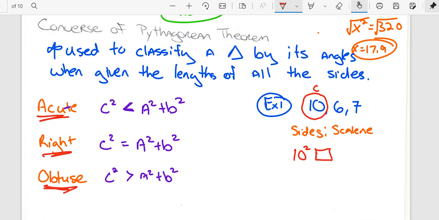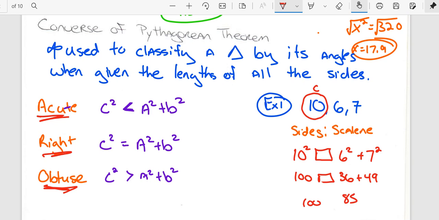And I'm comparing that to my 6 squared and my 7 squared. Again, the order of the a and the b squared is irrelevant. The only thing that's important is c. Which one is c? So we end up with 100 when we square this. 6 squared is 36. 7 squared is 49. 36 and 49, that's going to add up to 85.